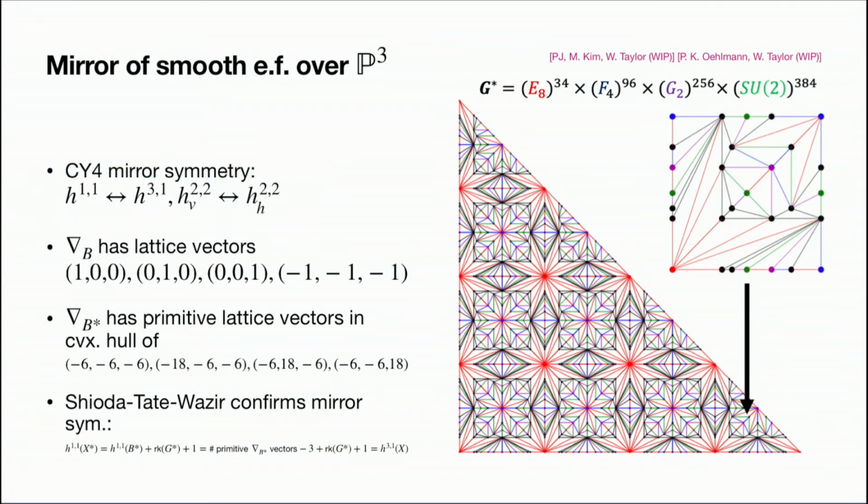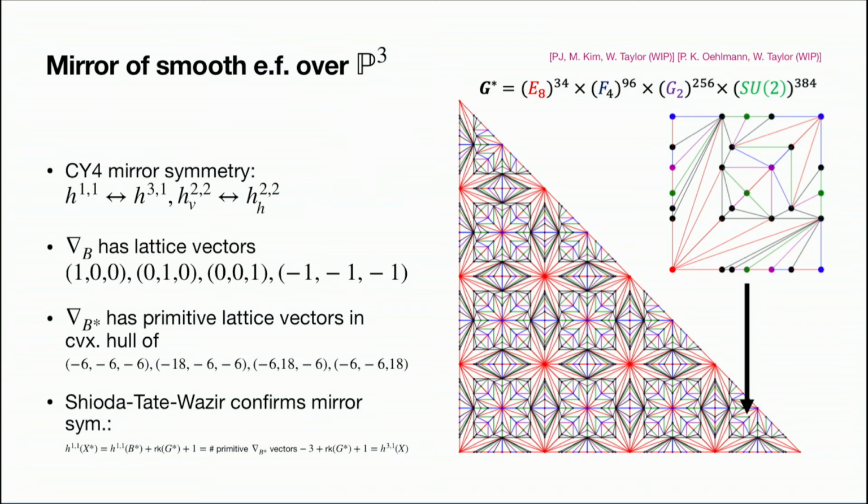And the toric polytope, this is now a toric threefold. So it looks like some tetrahedron, a simplex with these primitive lattice vectors (1, 0, 0), (0, 1, 0), (0, 0, 1), and (-1, -1, -1). So the simplex is the convex hull of these inside of the lattice.